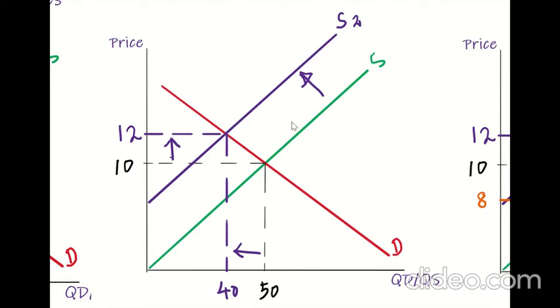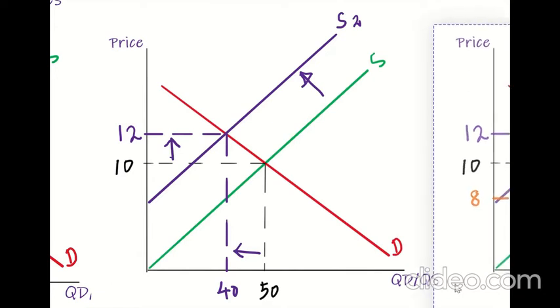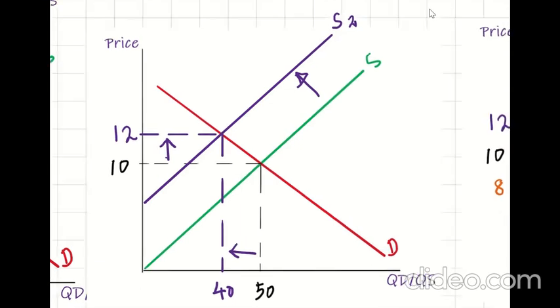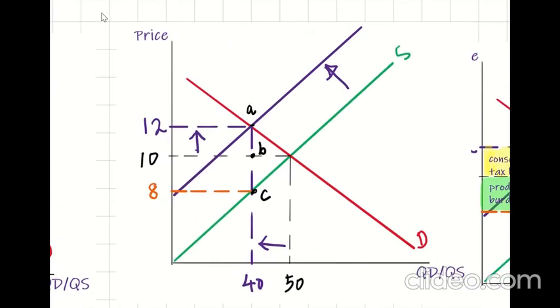When there is an increase in indirect tax, it pushes the supply curve to the left, thereby increasing the price from 10 to 12 and reducing the quantity supplied from 50 to 40. Now, let's show the tax incidence in this particular diagram.